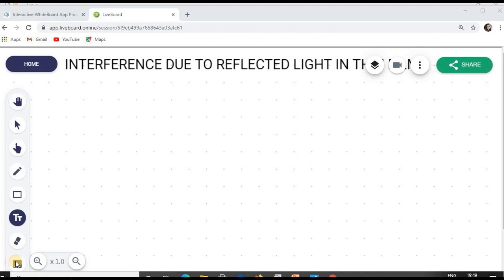Now we will discuss what is happening basically when the light gets reflected and transmitted in thin films.